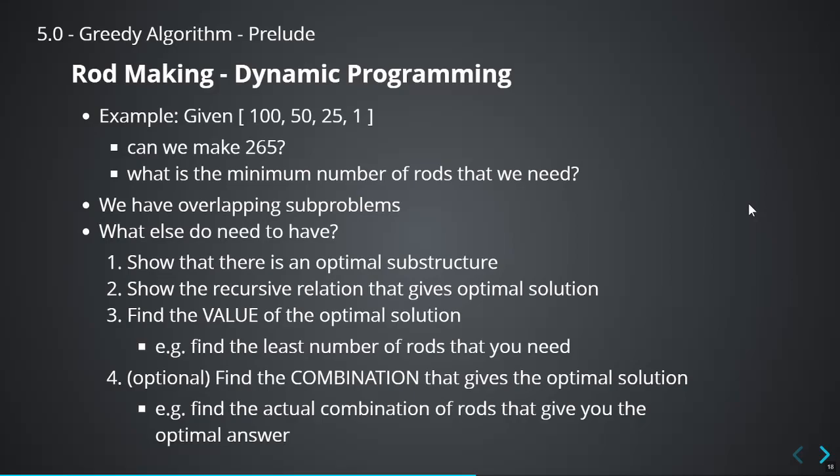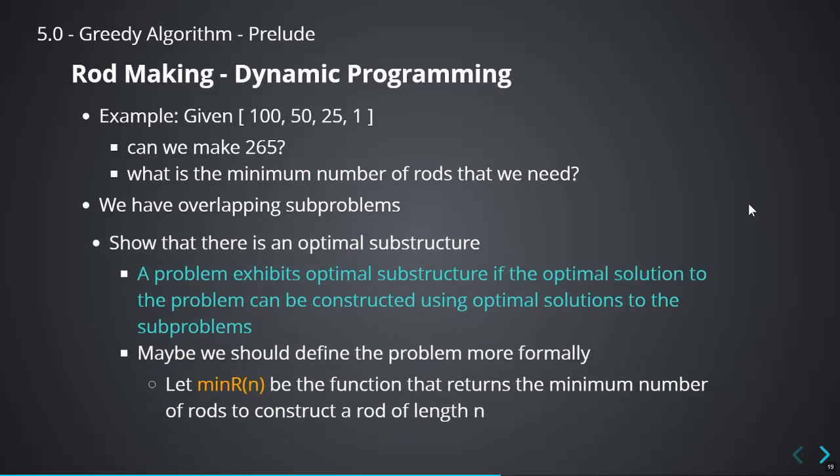The combination is the actual rods that will give you the optimal answer. So I think the optimal answer is, not sure, 15 plus 3, 18 rods. That is the value of the optimal solution. But the actual combination, what are the coins? You need 100, and 50, followed by 15 ones. That's the combination. That's step 4.